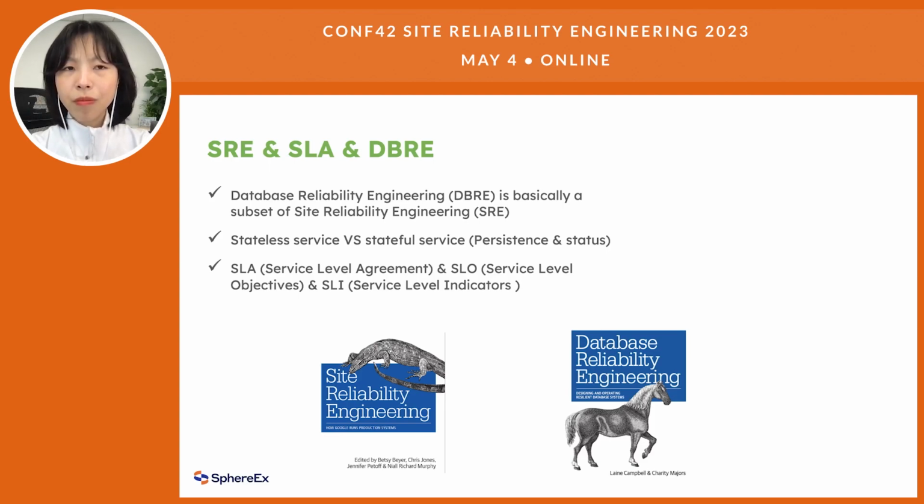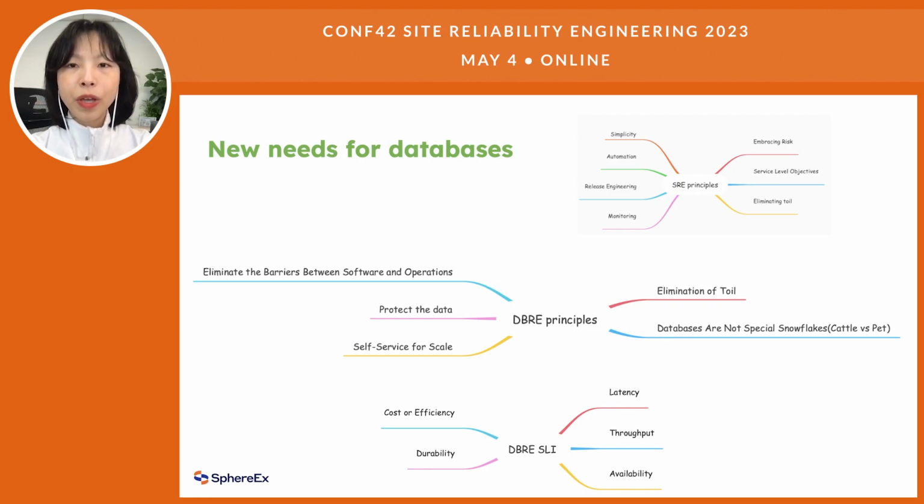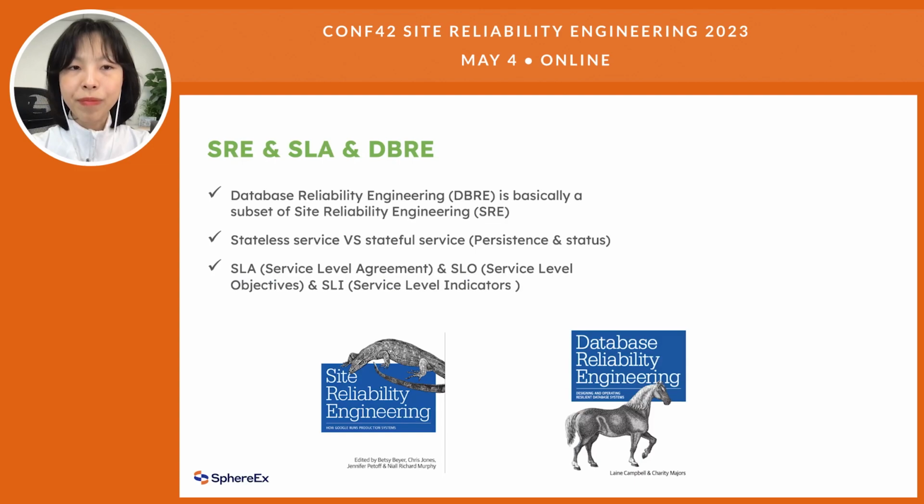If you want to learn more about all of these ideas, I recommend the following two books. But today, we will just talk about the DBRE's SLA, the indicator, because no matter whether you are a DBRE, a DBA, or a developer, you consider how to have a high SLA, a service level agreement, right?